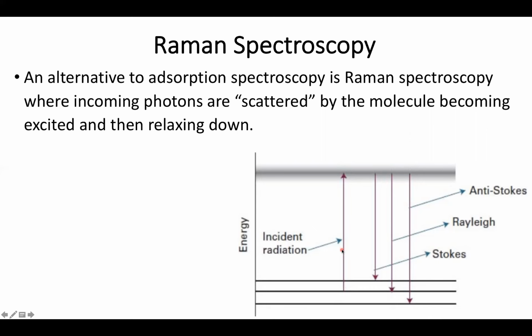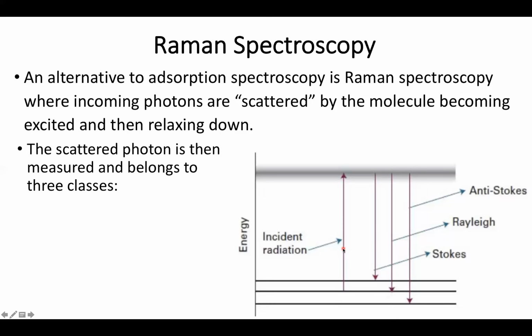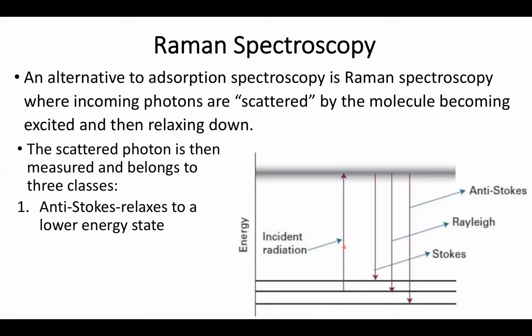This is actually one of the biggest strengths of Raman spectroscopy, and it allows us to break down our Raman peaks into three different classes. I'm going to be talking about this a lot throughout the lecture. The first is the anti-Stokes peaks, where my molecule relaxes to some lower energy state.